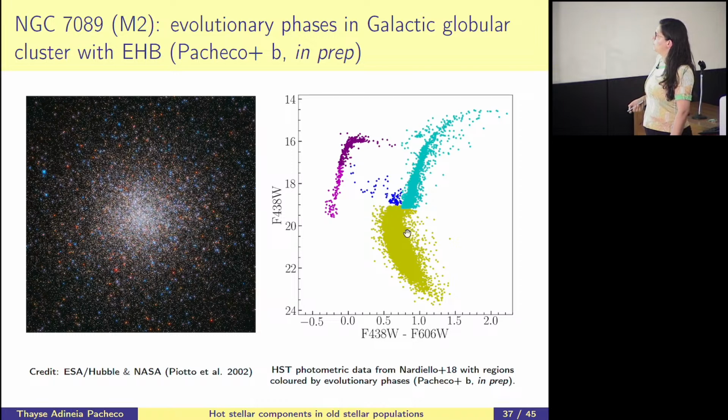So again, we have main sequence in yellow, giant and supergiants in cyan, blue stragglers in blue, horizontal branch in purple, and subdwarfs in magenta.